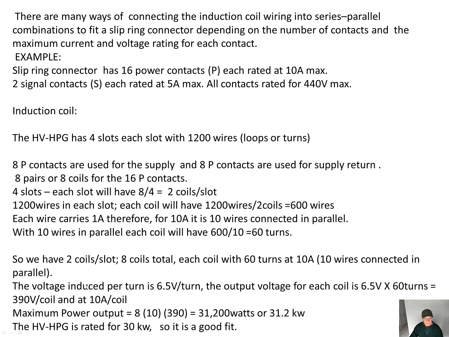The voltage induced per turn is 6.5 volts. The output voltage for each coil is 6.5 volts times 60 turns, which is 390 volts, and 10 amps per coil. Maximum power output is 8 coils times 10 amps times 390 volts, which is 31.2 kilowatts. The high voltage homopolar generator is rated for 30 kilowatts, so it's a good fit.